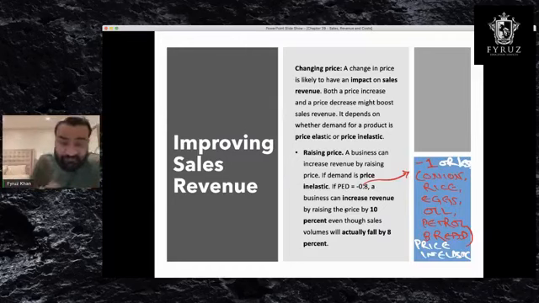So if you see a value like minus 0.8 or minus 0.7, minus 0.9, minus 0.5, you have to assume that it is a price inelastic good like the onion. And demand will not change much with the increase in price.